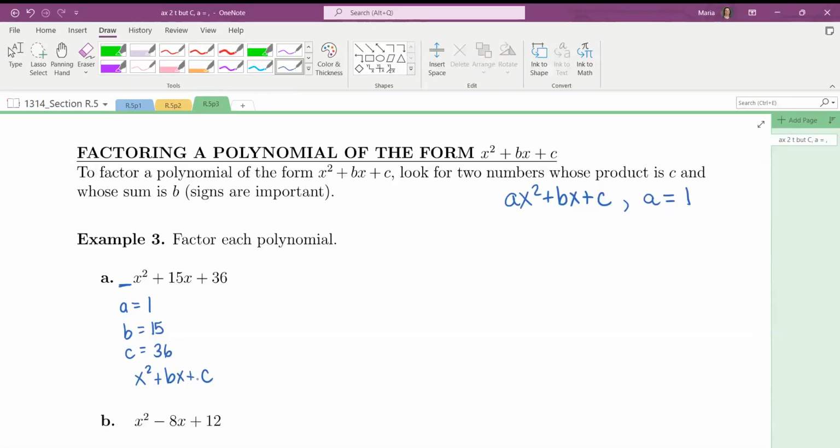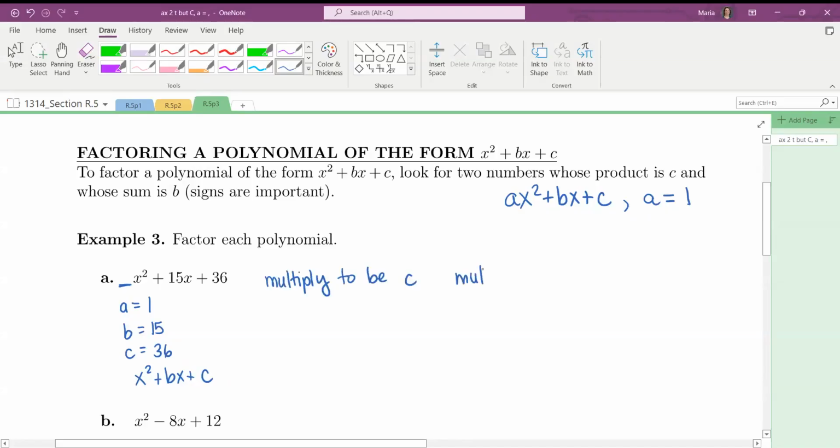So this is what you do to factor something like this. You are on the hunt for two numbers, and the signs of these numbers, meaning positive or negative, are very important. You need two numbers that multiply to be the c value.